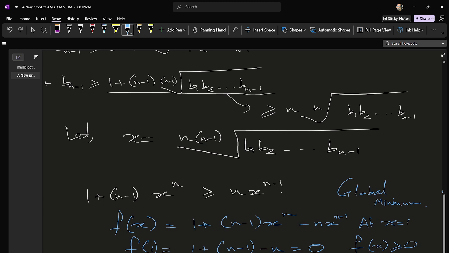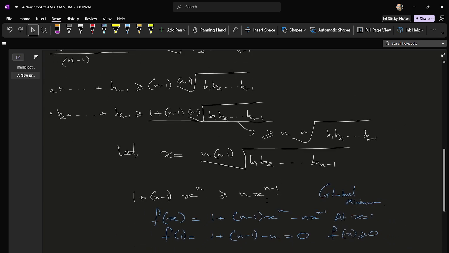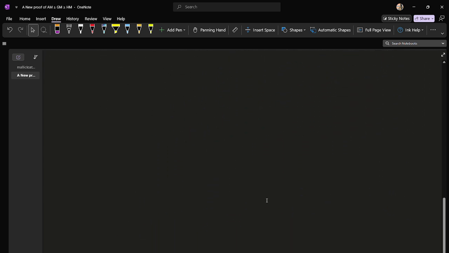In order to prove the GM-HM inequality, we use the induction hypothesis. Again we will do this for GM and HM.